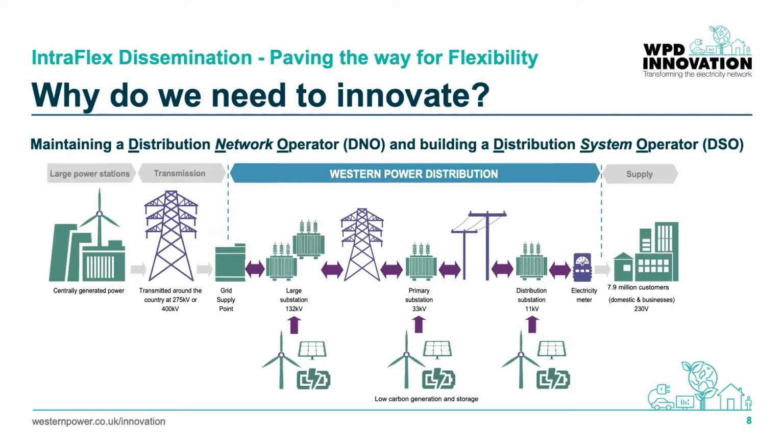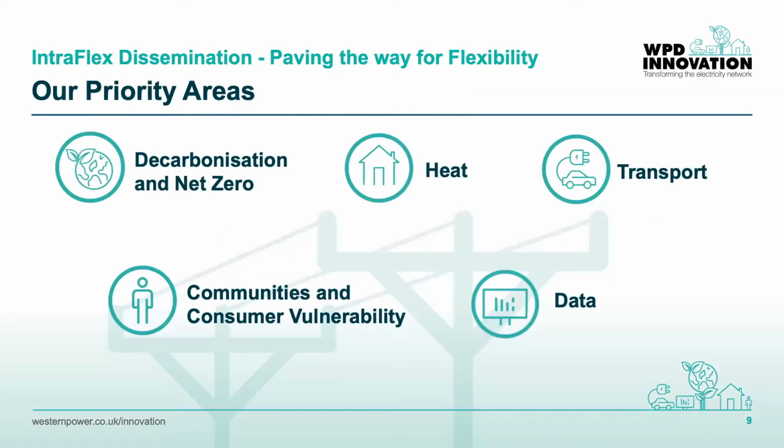Traditionally, with a one-way unidirectional, predominantly fossil fuel system, what you had was the generation flexing to follow the demand. The future is the opposite of that. It's about getting the demand to follow the generation, particularly renewable when it's available, sunny or windy, for example. Next slide, please, David.